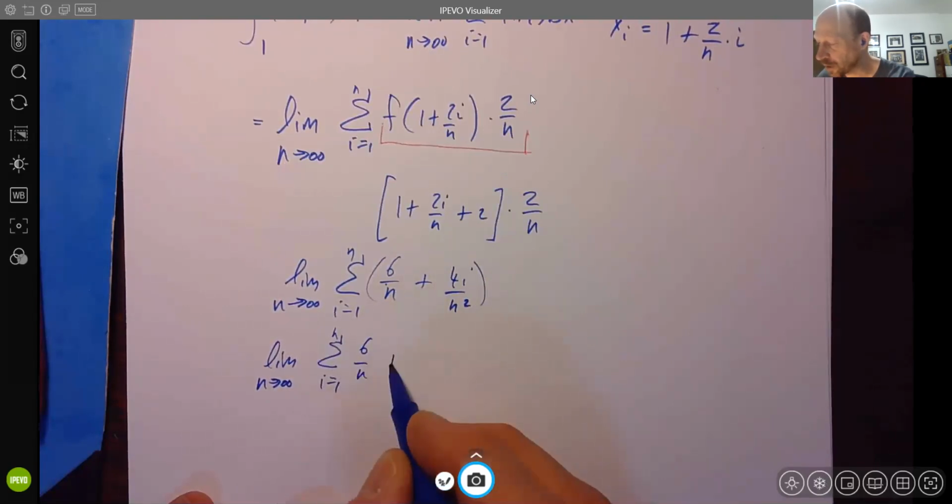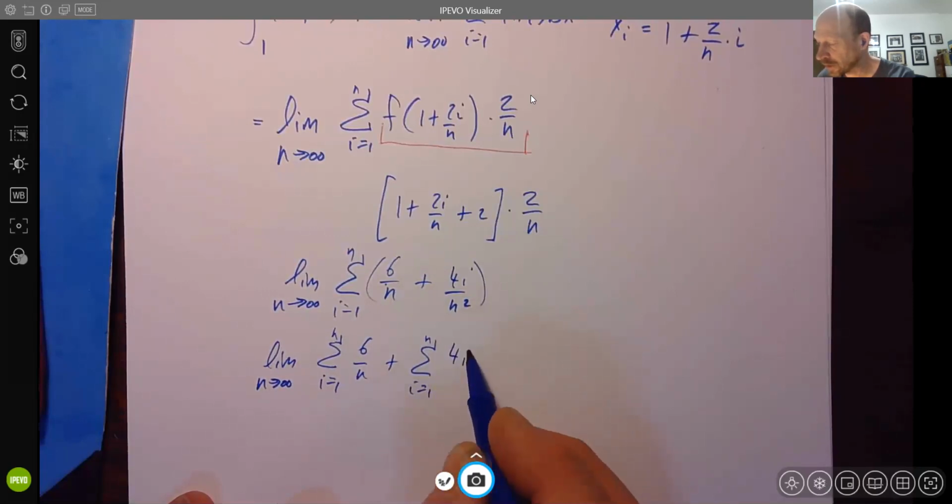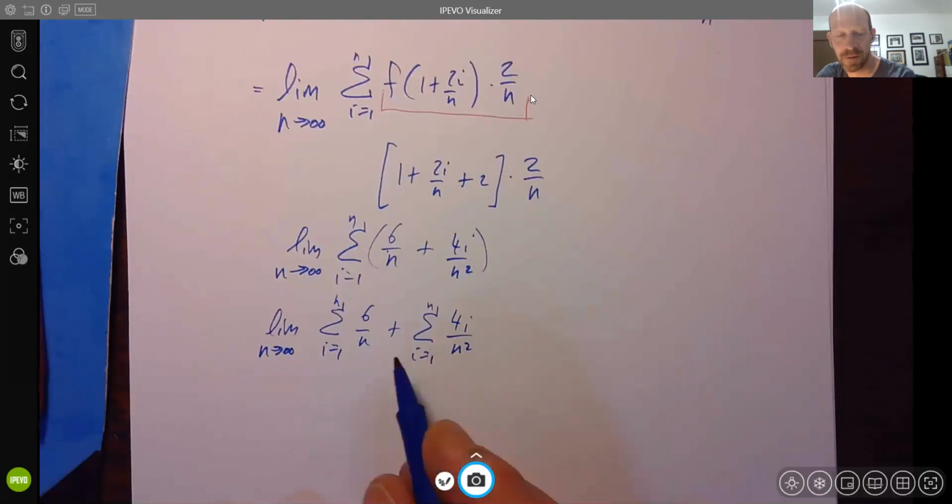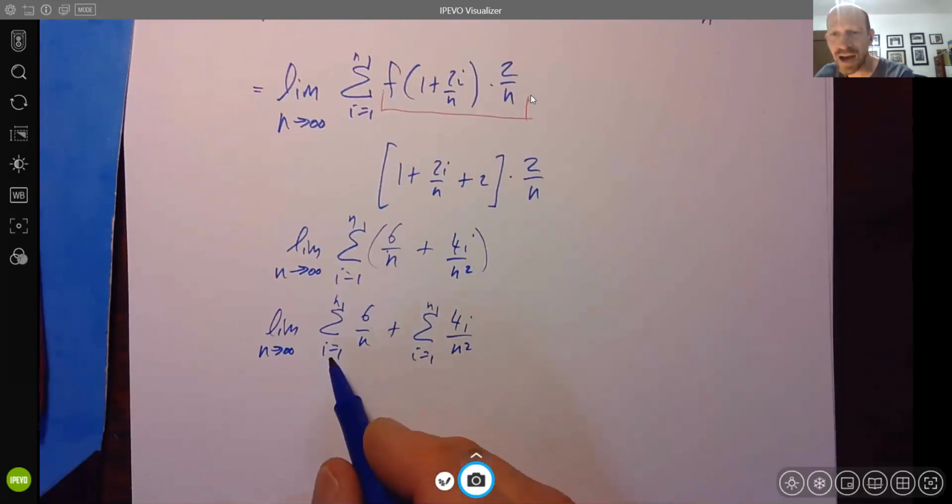For this one, I would probably be a little more lazy, perhaps, if I were doing it on my own and not write out every step like this. i is the variable in this case. So when you're dealing with a sum, you can call it other things. It doesn't actually have to be i, it could be j or k. Those are also common. They're called indices. But in this case, it's the i that's changing.